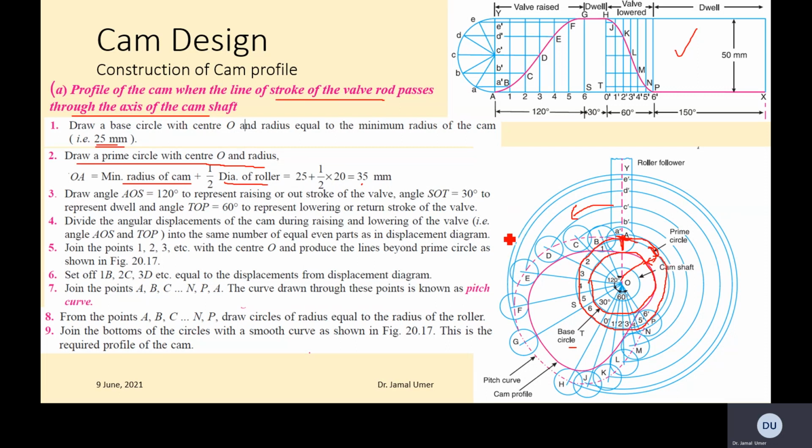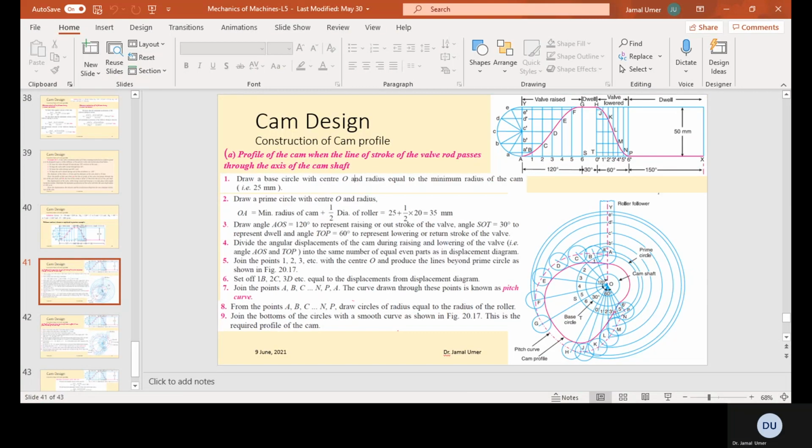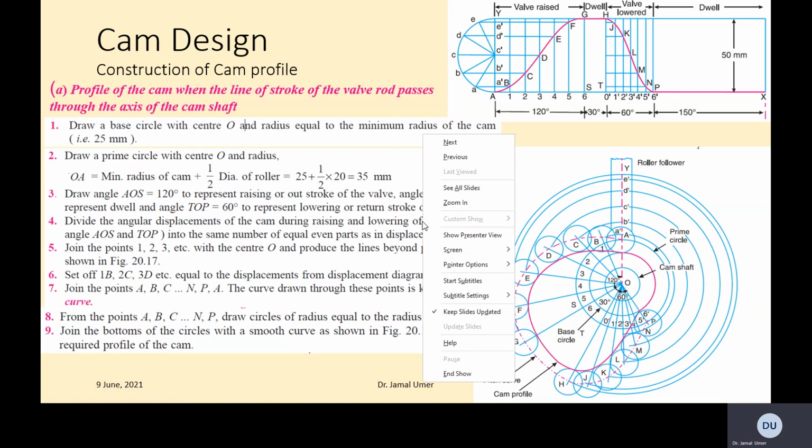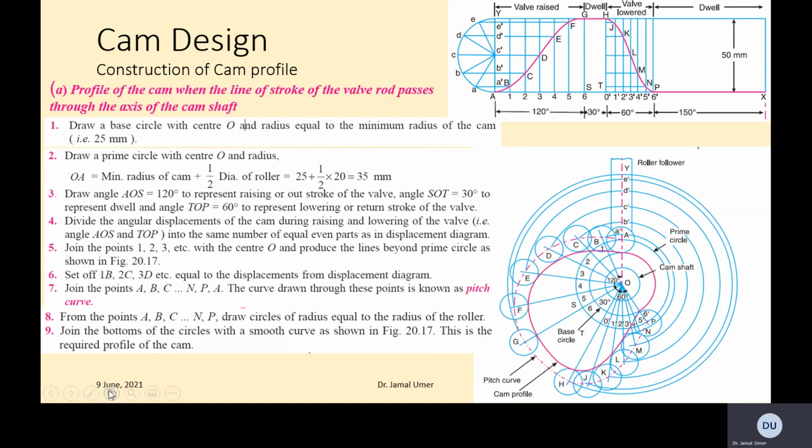Now the steps are more or less the same. Yeah, so the steps are the same now. What is it basically?